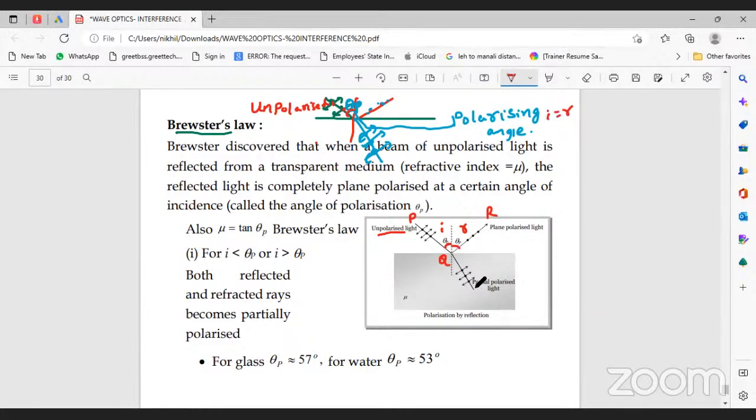But look at the refracted ray, QS. Is it completely polarized or unpolarized? It is unpolarized. What is this angle called, Ajay?